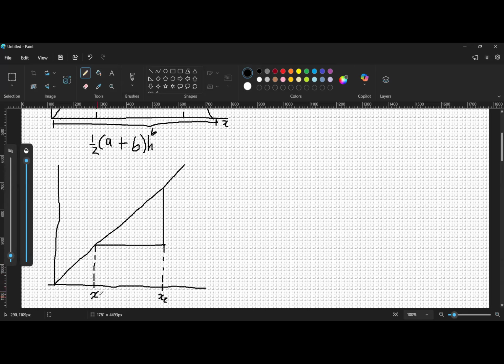What you now need to do is to equally trace x1 to the y-axis, and that will be our y1, that's corresponding to x1. And of course, trace this to the y-axis, and this will be y2. Can you see that?